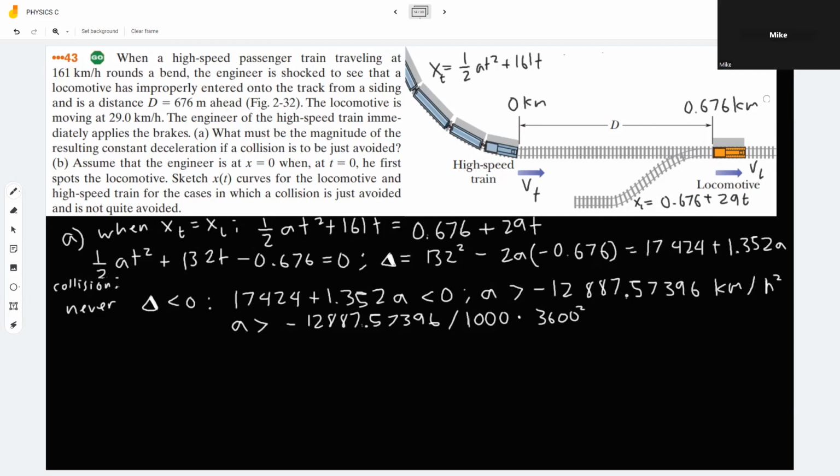No, like this. Write your acceleration in kilometers per hour squared first.